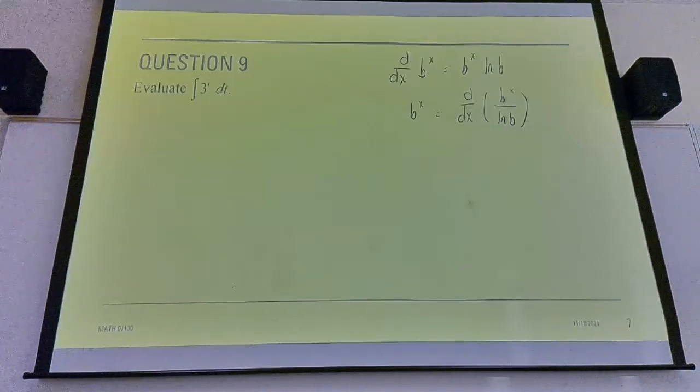Divide both sides by log b. Then the scalar multiple rule allows you to pull it inside the derivative. So we can treat that like an equation.